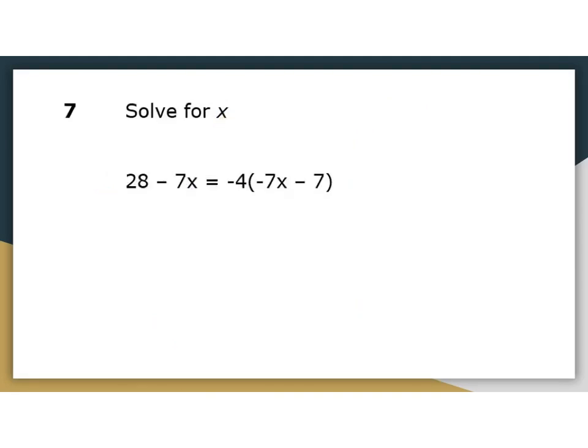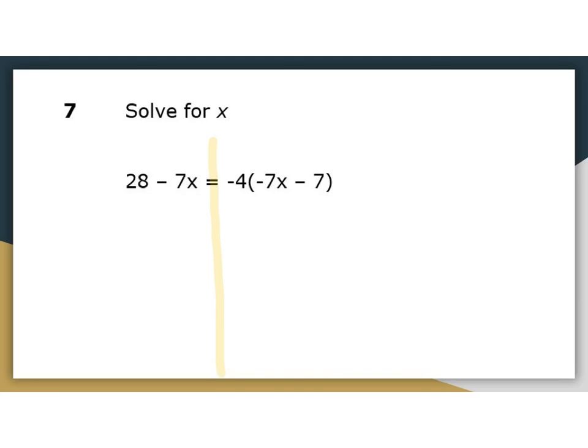So this one here, number 7 of the review, is a little tricky, and you have your variables on both sides, which means you have to get them together, and it also has the 4 that needs to be distributed. Now, I don't want to start off and do my work backwards yet because I got to get my variables on the same side.